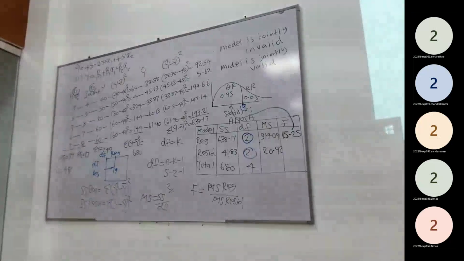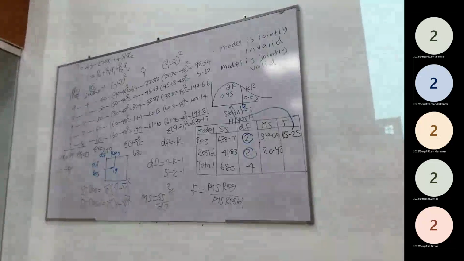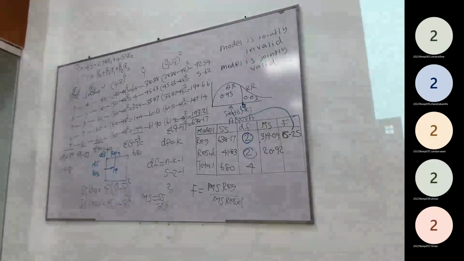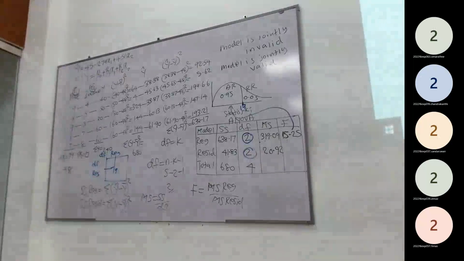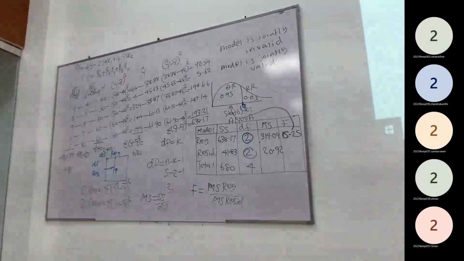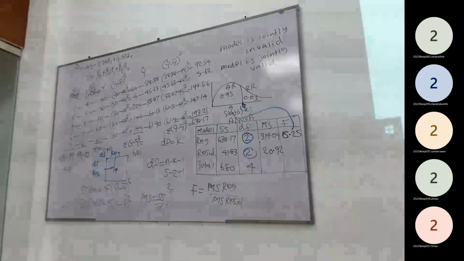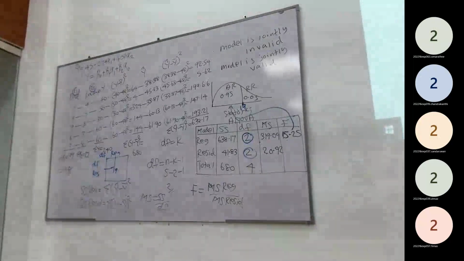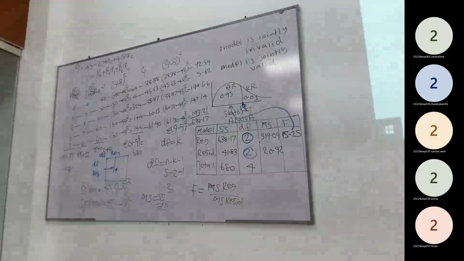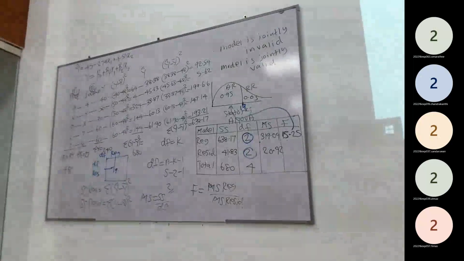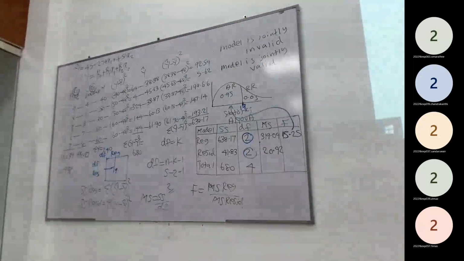It means that there is no sufficient evidence to reject H naught. Therefore, the model is jointly invalid. Within brackets, not an appropriate model.